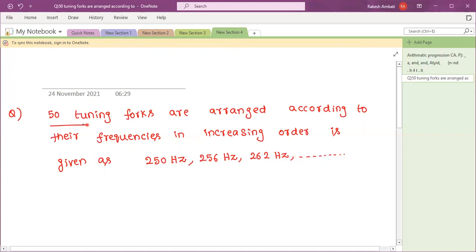So total 50 tuning forks are arranged in increasing order according to the frequencies.